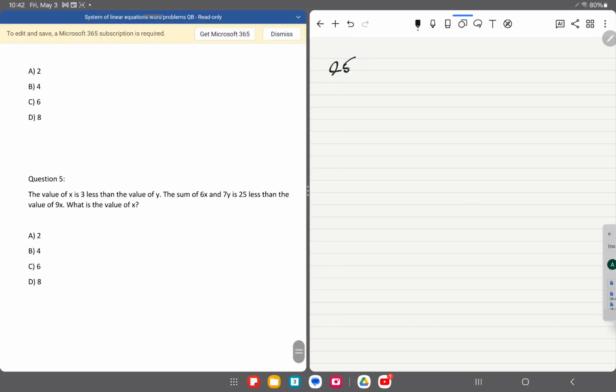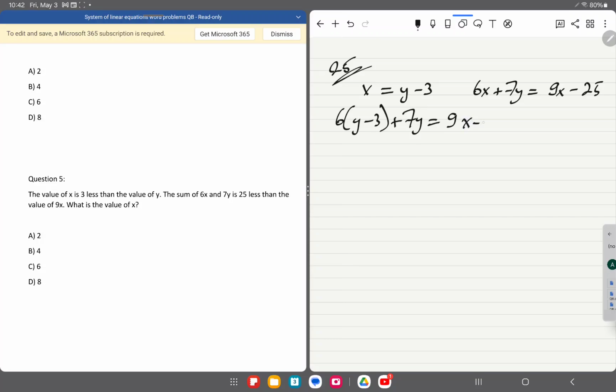Question 5. So, x is 3 less than y. 6x plus 7y is 25 less than 9x. So 6 into y minus 3 plus 7y is equals to 9 into y minus 3 minus 25.